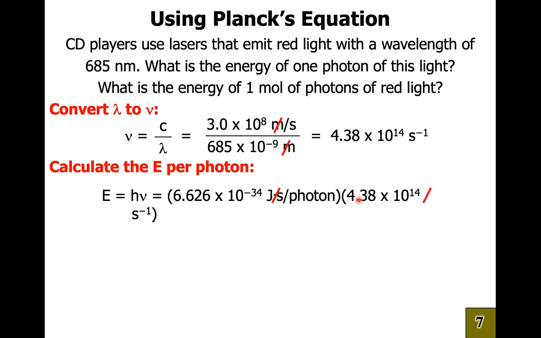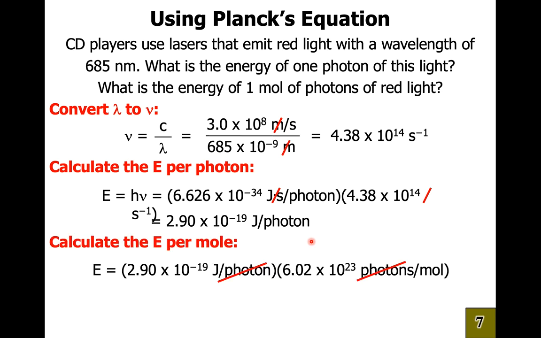So now if we calculate the energy per photon, we use E equals h nu. h is Planck's constant, which I put in right here, and nu is the frequency that we just calculated. So 6.62 times 10 to the minus 34th joule seconds per photon times 4.38 times 10 to the 14th, which we just calculated. Seconds and seconds cancel out, and so we're left with an energy of 2.90 times 10 to the minus 19th joules per photon.